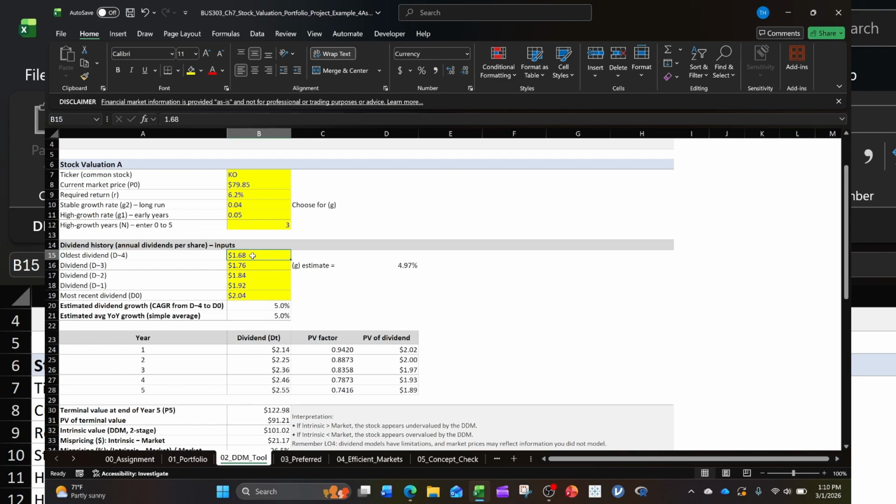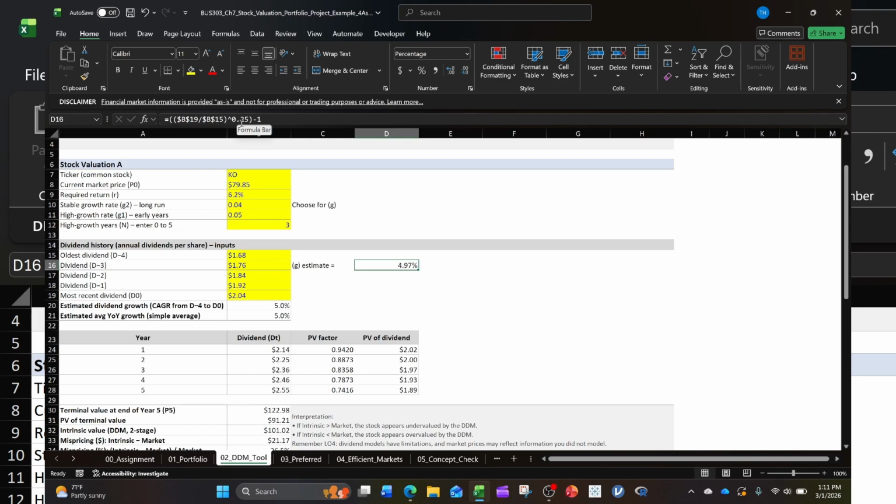So it estimates the dividend growth in two ways. The CAGR method, which is your D0 divided by D4, to the power of 1 divided by n.